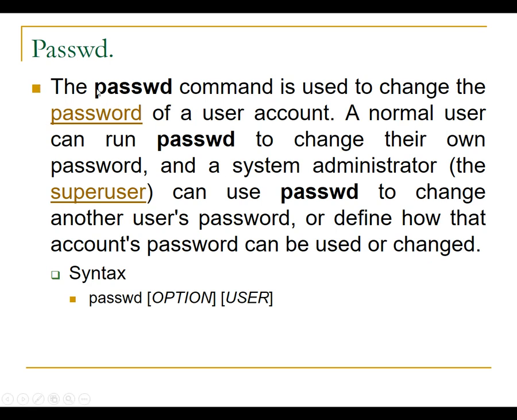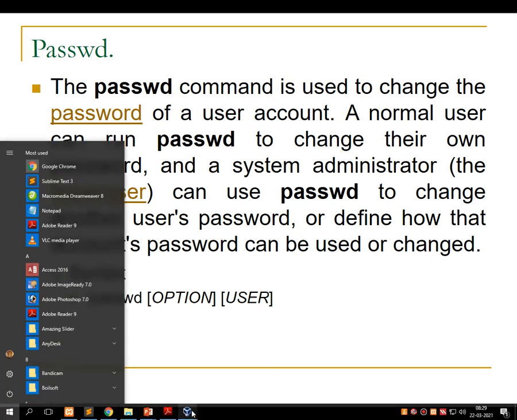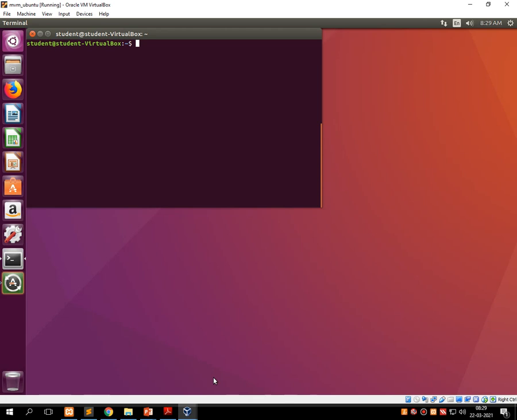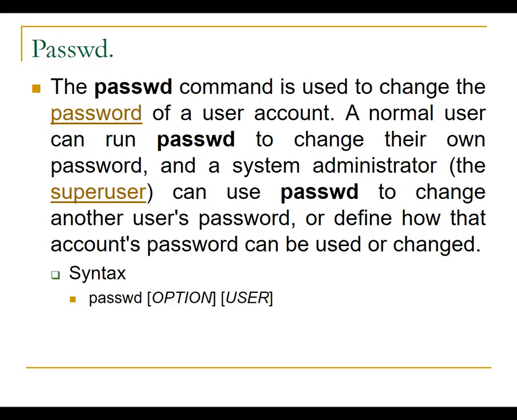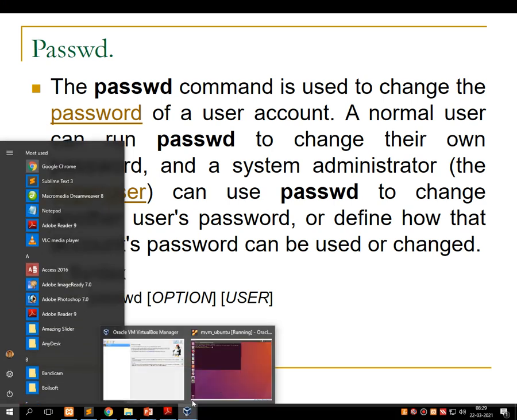The next topic of discussion is password. Simply type pass over here. As you type pass over here, if this command is valid, it returns a message, otherwise it shows an error message.